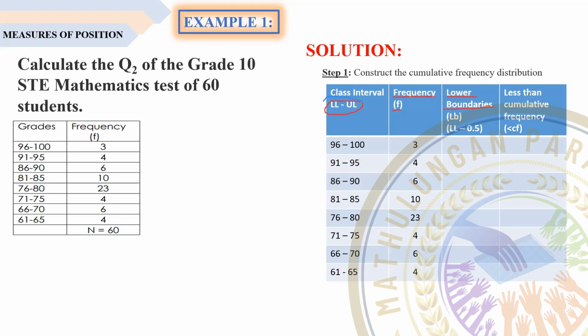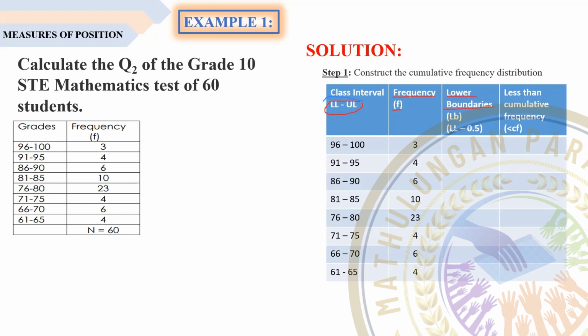So let us complete our cumulative frequency distribution table first. Since we already have the class interval, which is taken from the given table, and the frequency, also from our table, let us complete the third column, which is the lower boundaries.